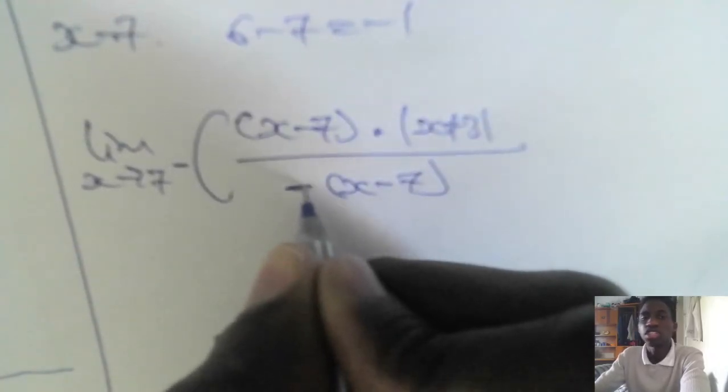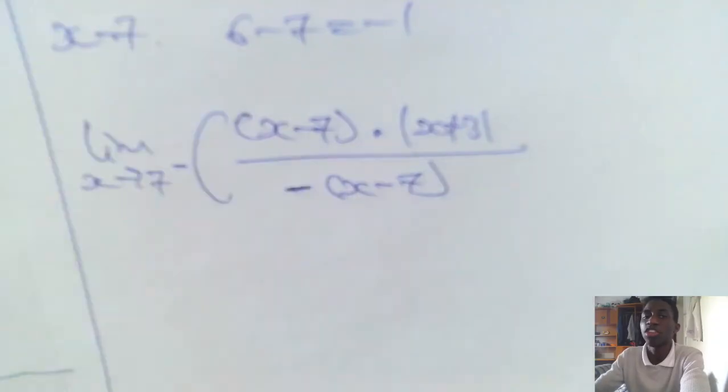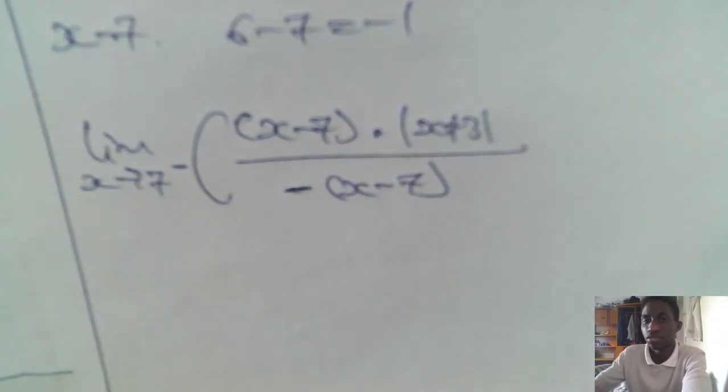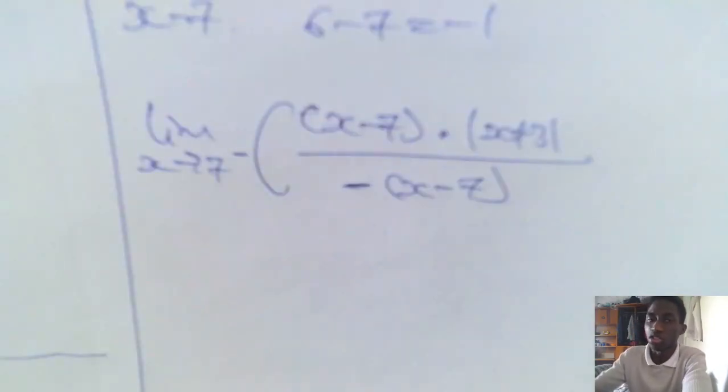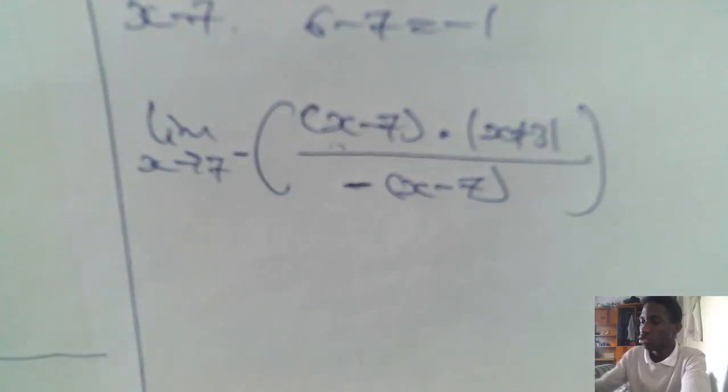We have an x minus 7 there on top, multiplied by absolute value of x plus 3 divided by negative x minus 7. The negative here just indicates that both of them have different signs. So when you cancel them out, you get a negative. Plus divided by minus is the same as minus divided by plus. They have different signs. So you have a negative coming out as a result of the two of them having different signs. The absolute value here turns the negative to positive.